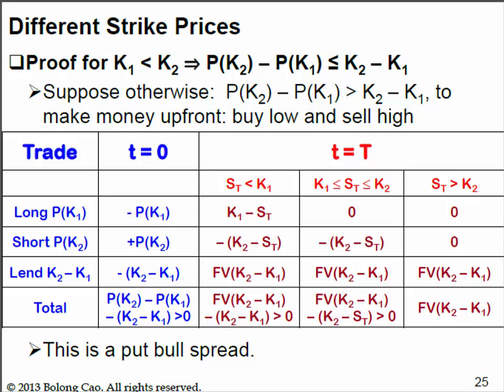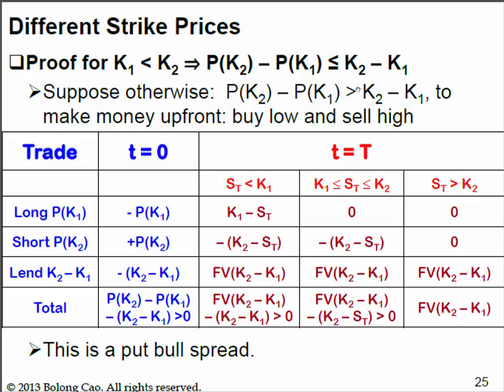Now let's look at the differences in premium and the differences in the strikes. What we are seeing here is that the difference in the strike, as we have discussed, for put options means the premium difference for these two puts is smaller than the difference in the strike prices.